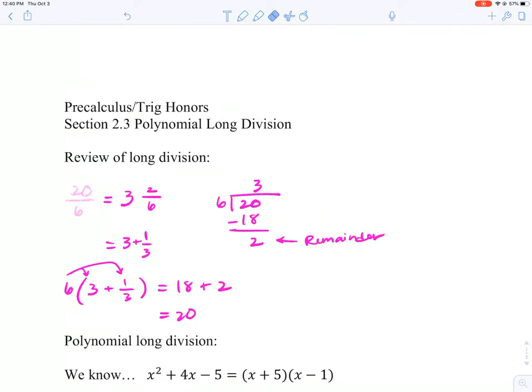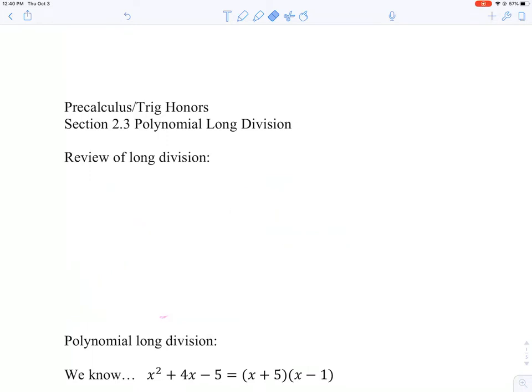Let's do another example. Let me make some room here. Let's say that we wanted to figure out what 2,618 divided by 7 was. So setting up for long division, we'll go, okay, 7 does not divide into 2, so we'll move over and go, 7 goes into 26 how many times?